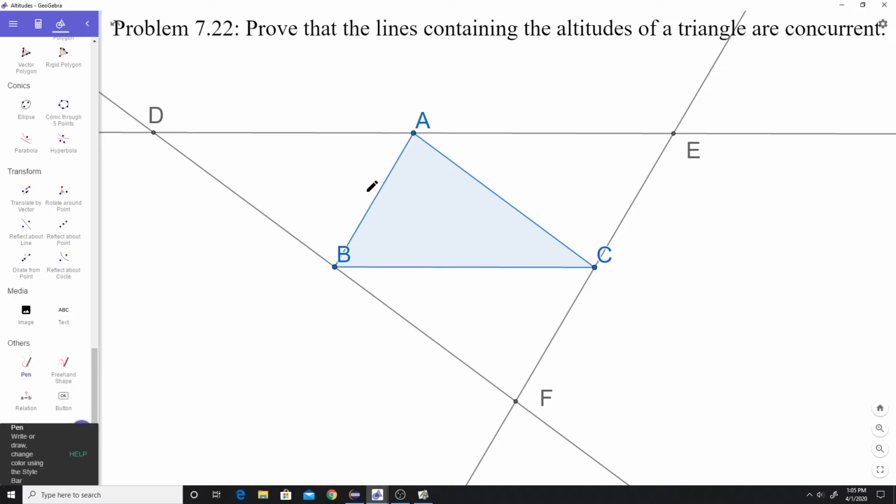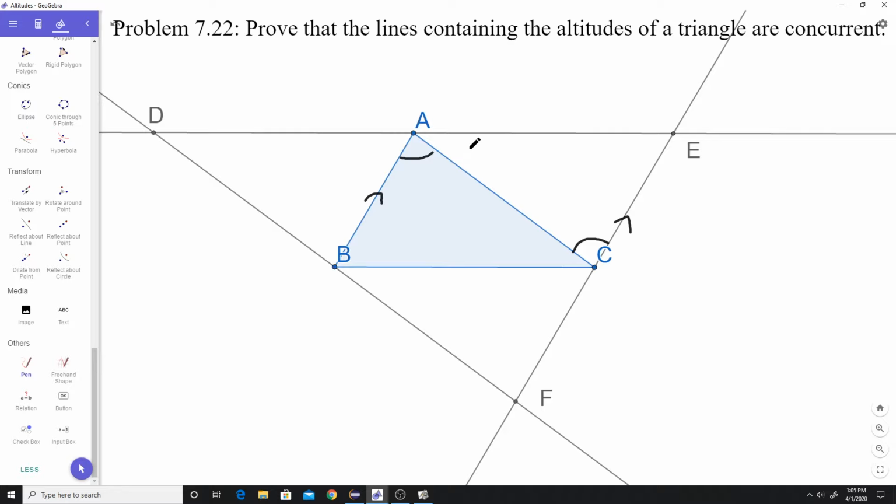So let's note that if AB is parallel to EF, then that means that this angle here is going to be the same thing as this angle right here, because they are alternate interior angles.